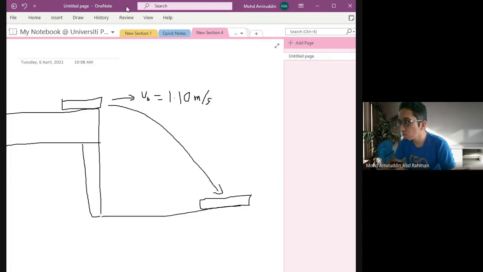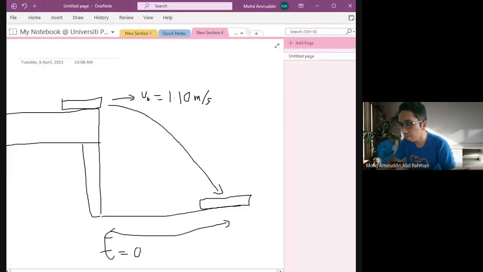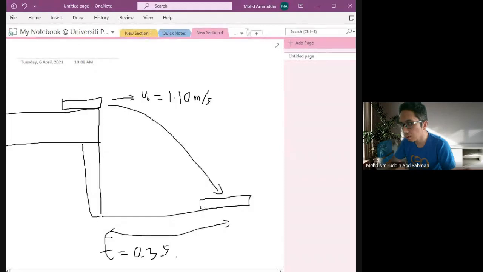So we need to find the time taken, the time of travel. So t is equal to 0.35 second. Okay, so that's the information that you have.